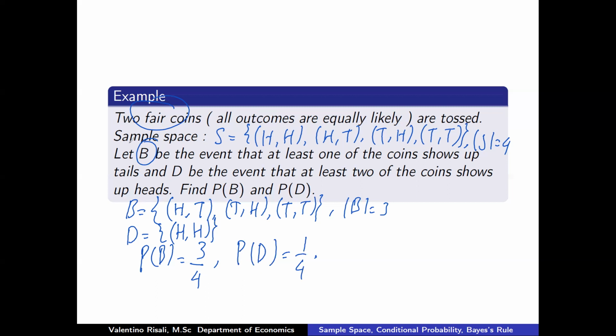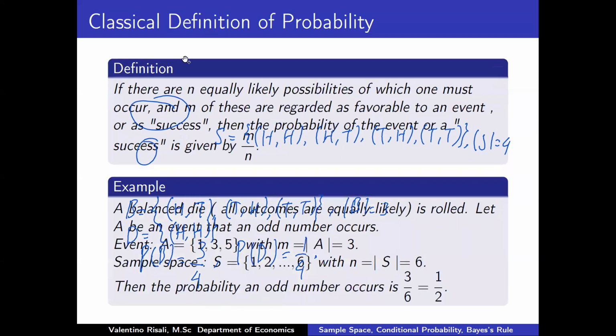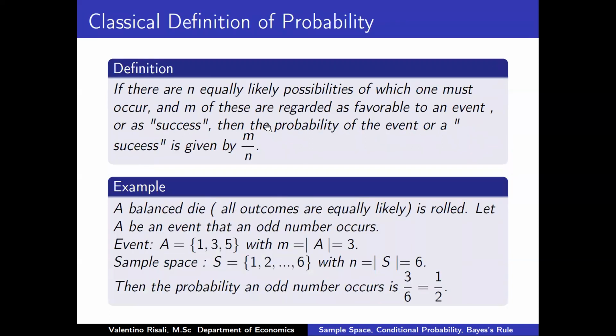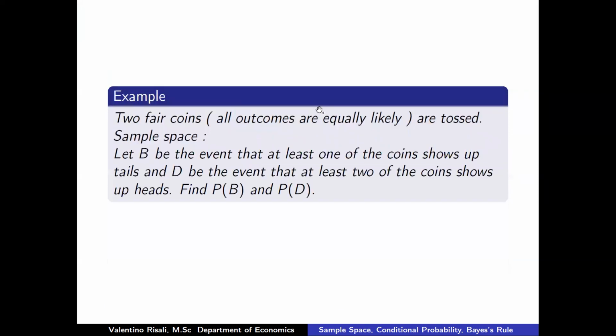We divide the cardinality of the event by the cardinality of the sample space. This definition is similar to what we learned in high school, right? What is the different thing in our lecture? Let's move to the next topic.